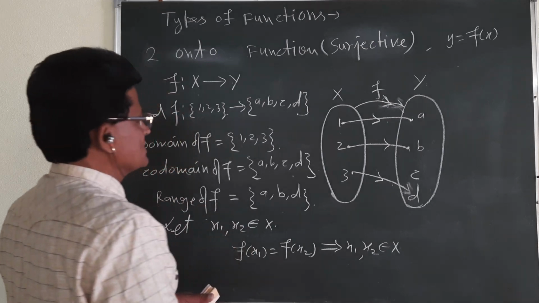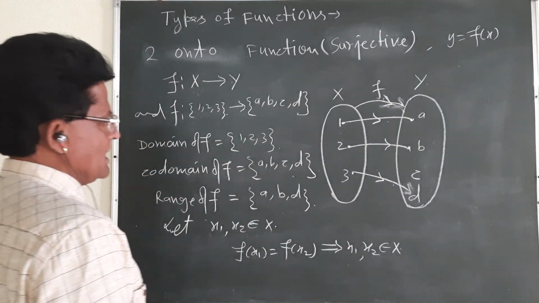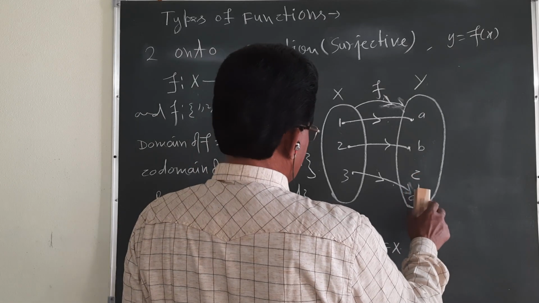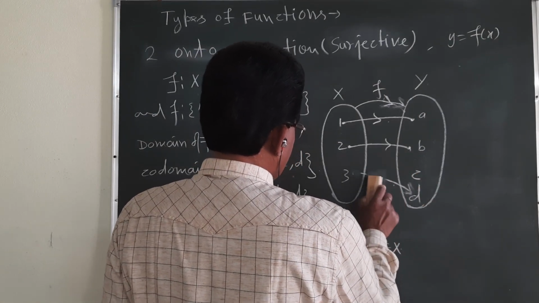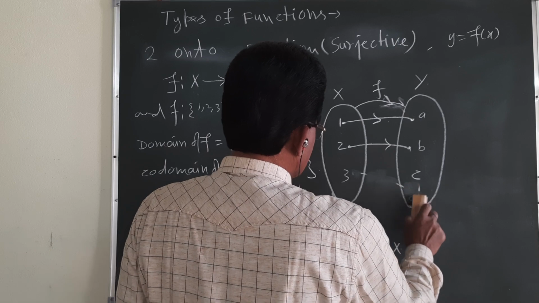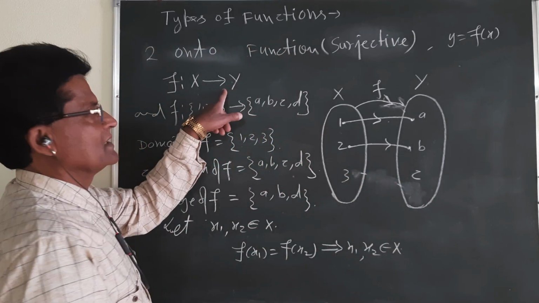In the surjective function, a similar kind of example you can also take. I am just going to remove only this case. The rest will remain as it is. I will take a similar kind of example. This is an onto function.